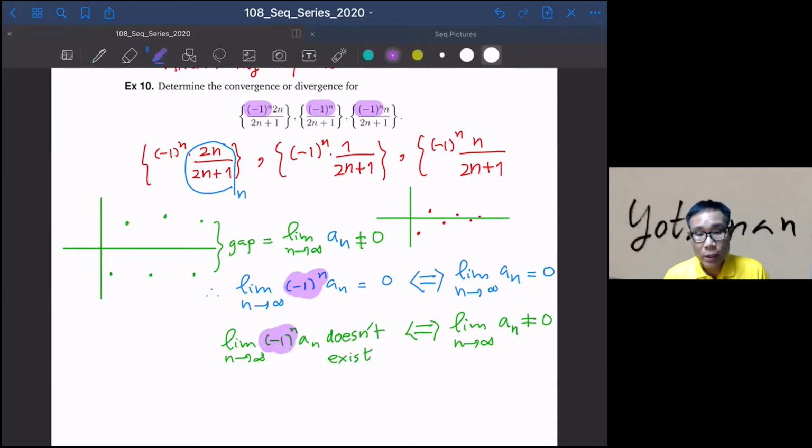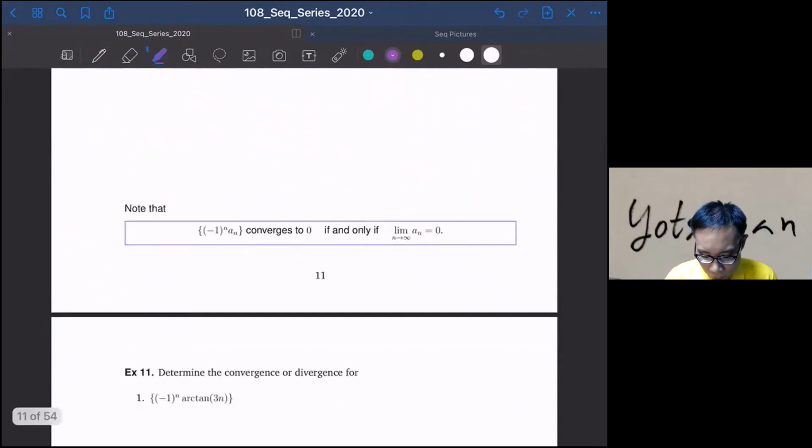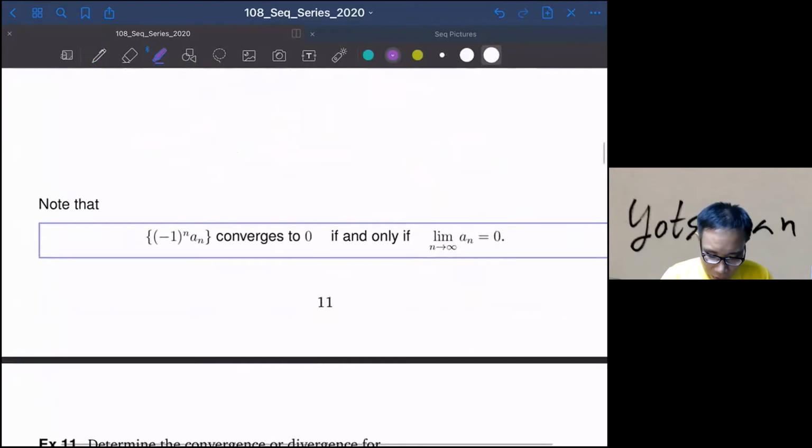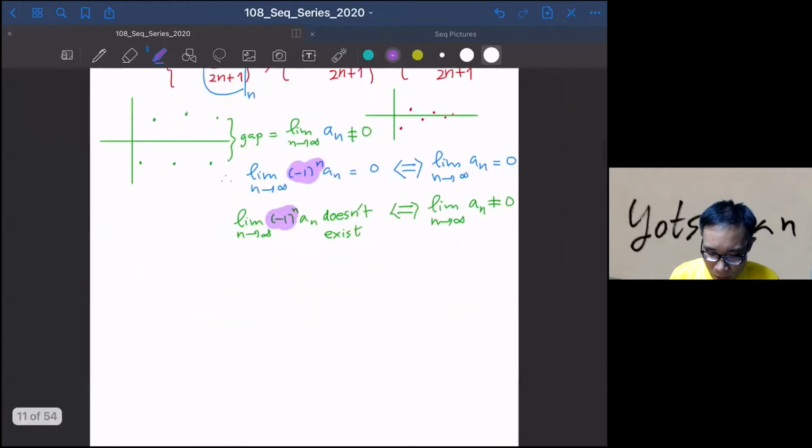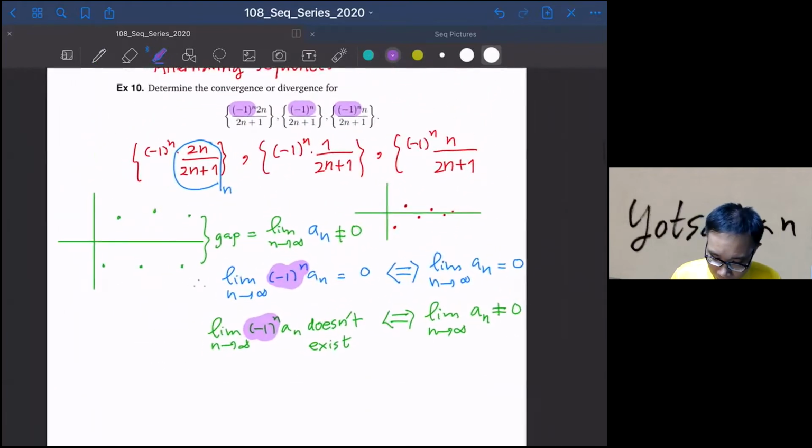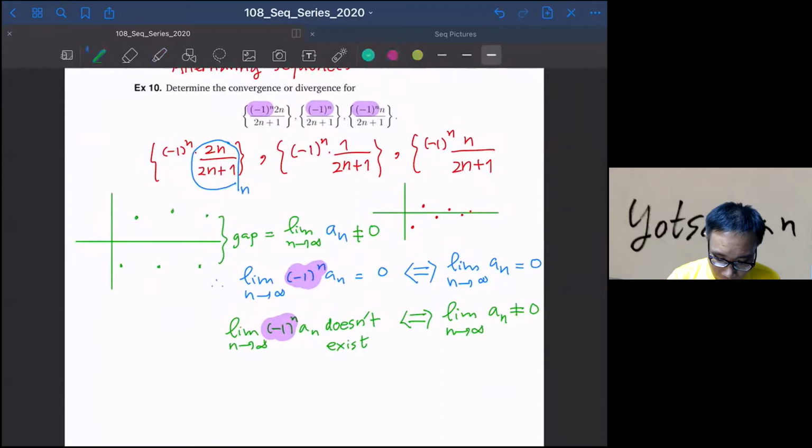So this will be an important conclusion. The sequence converges to 0 if and only if the limit of the gap, the limit as n goes to infinity of a_n, is equal to 0. So let's try to find each limit here.